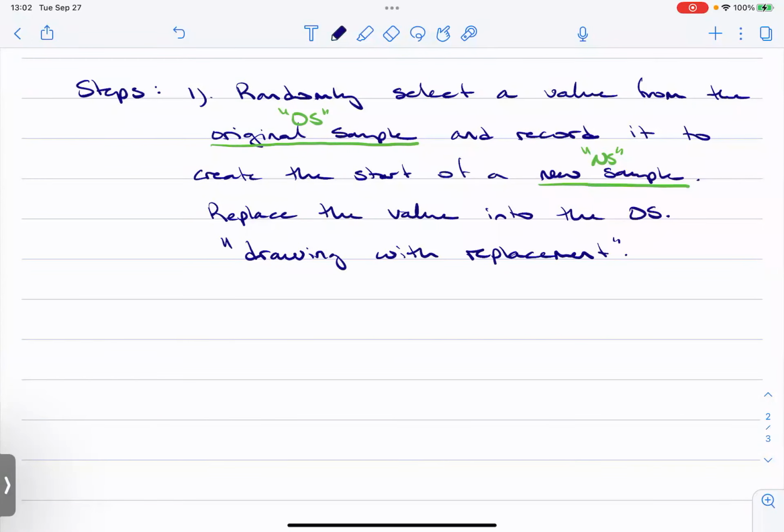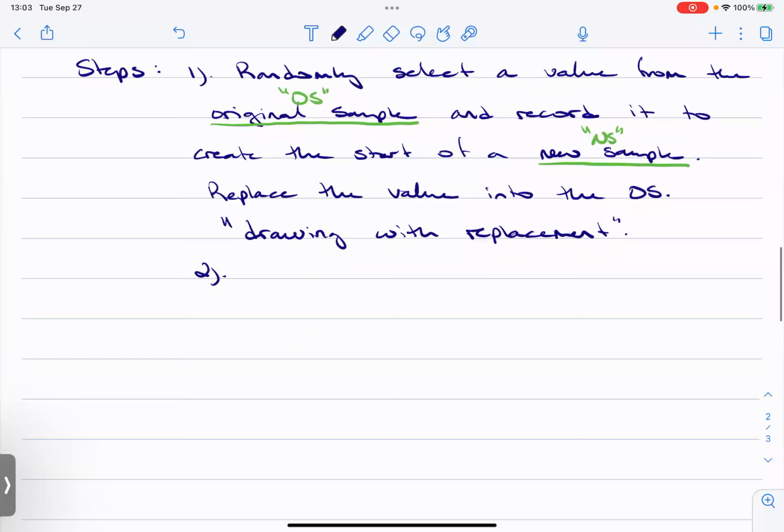Which means that in theory, I could randomly select that exact same value again, but that's okay. The probability is low, so it's fine. And that's how random selection works. So then what you're going to do is repeat step 1 n times.